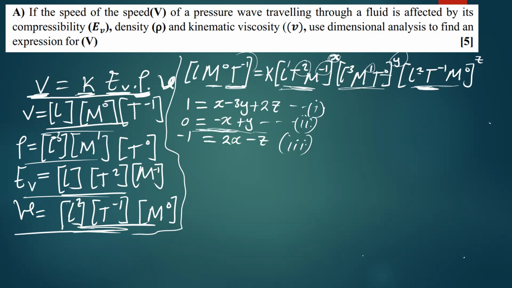So I'm going to take this one here. I'm going to have negative x plus y is equal to 0. So I'll take this to the other side of the equal sign, and I'm going to have x is equal to y.